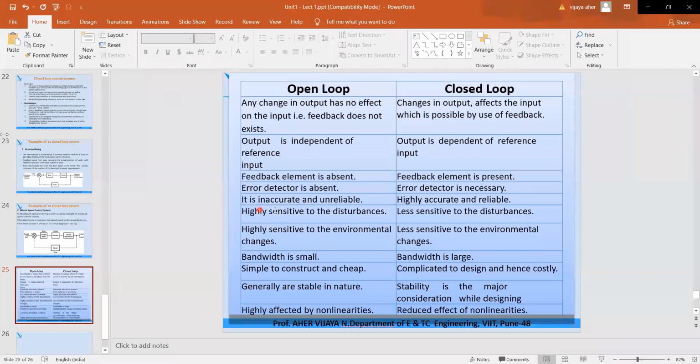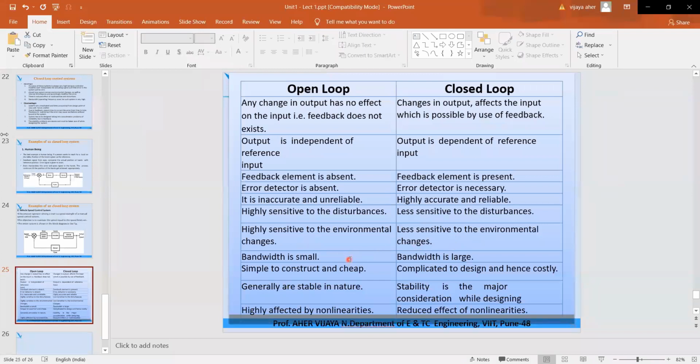Now open loop is an inaccurate and unreliable system, whereas a closed loop system is highly accurate and reliable. An open loop system is highly sensitive to disturbances, whereas a closed loop system is less sensitive to disturbances. Open loop is highly sensitive to environmental changes, while closed loop is less sensitive to environmental changes.